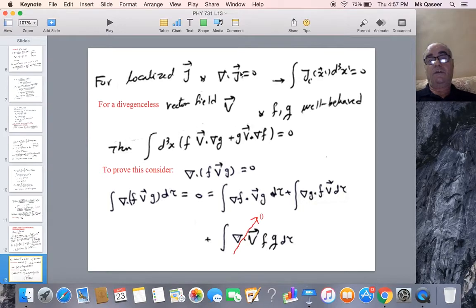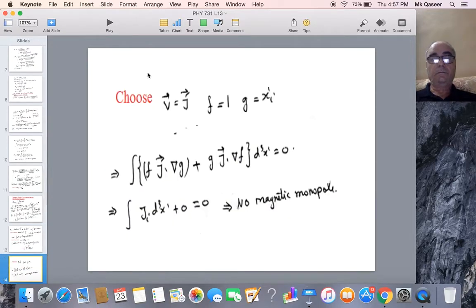We will choose V to be J when we apply this to this expression, and I will choose f equal 1 and g equal x_i prime. Doing so, we get this, and we get that the integral of J_i d^3x plus 0 equals 0, which means that the contribution from the first term is 0, which is consistent with divergence B equals 0.